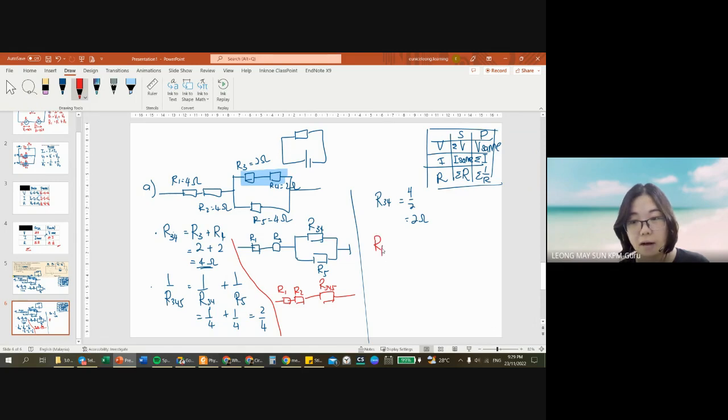I can write R effective or R total. Why? Because these 3 remaining resistors are now in one straight line, all in a series circuit. So R1 plus R2 plus the combination of 3, 4, and 5. That would be 4 plus 4 plus 2, 10 ohm.